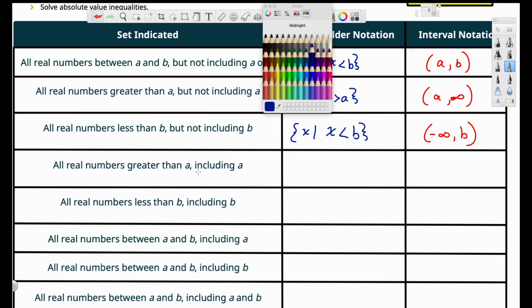All real numbers greater than a, including a. So we're going to use greater than or equal to here. Okay, so now we're going to use our bracket because it includes a and goes to positive infinity.